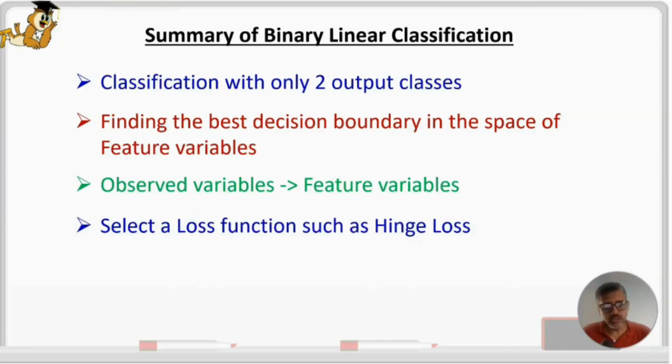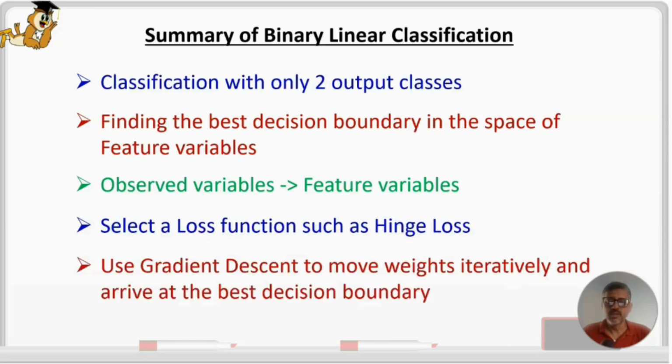You have to make a good choice of a loss function. A hinge loss function or a logistic loss function we discussed was a good loss function. And then we said that we would use the gradient descent algorithm to iteratively modify the values of the weights, the values of the coefficients of the decision boundary, so as to arrive at the best decision boundary.